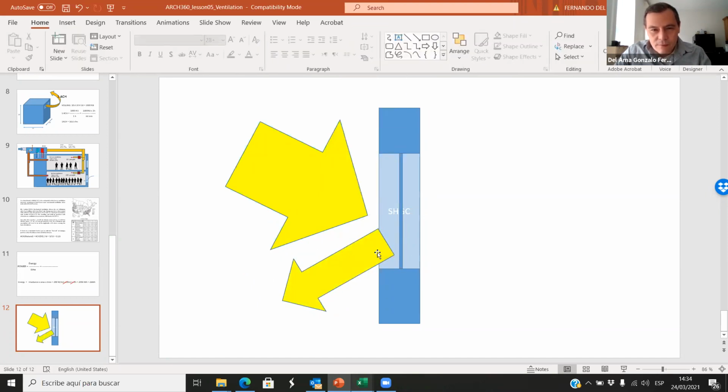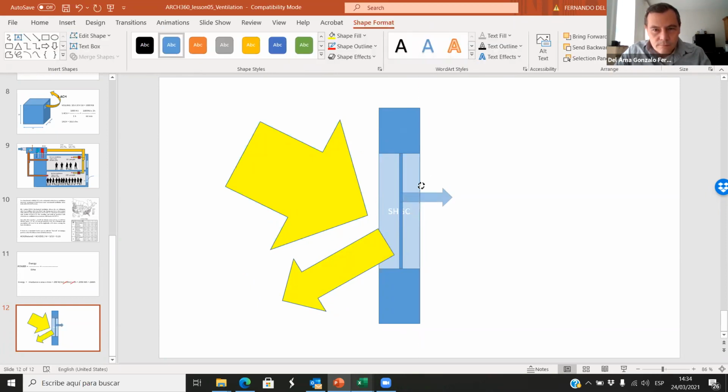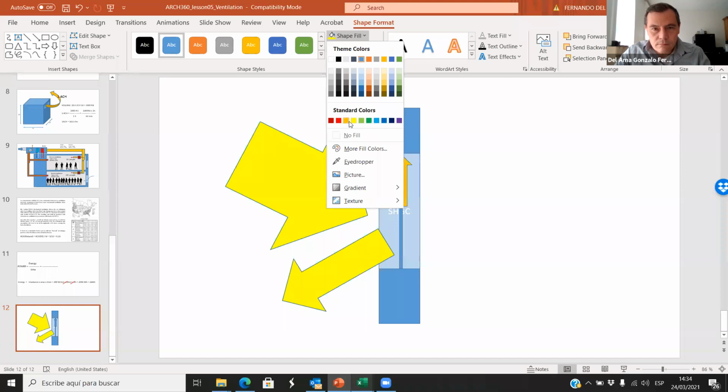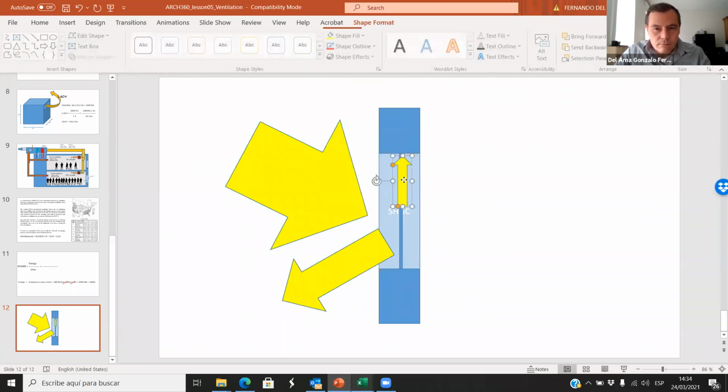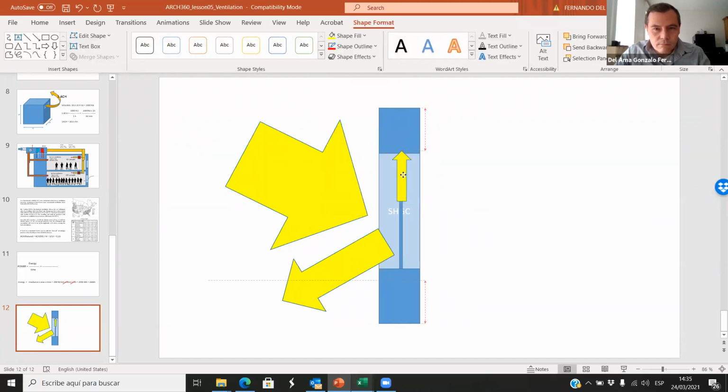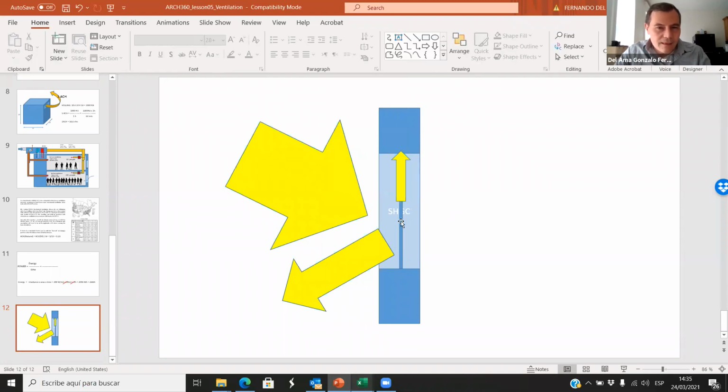Part of the energy will be absorbed in the glass. So the glass heats up, which means it's absorbing some energy, and part of the energy will be transmitted inside.